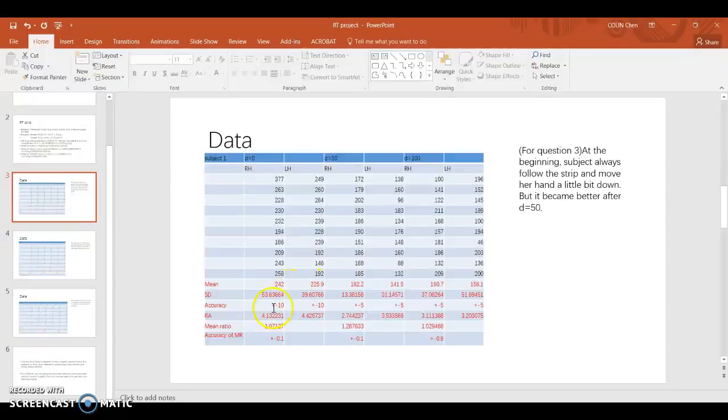That's why I put the accuracy bigger. The relative accuracy is this number divided by the mean number, so we can get it in percentage.